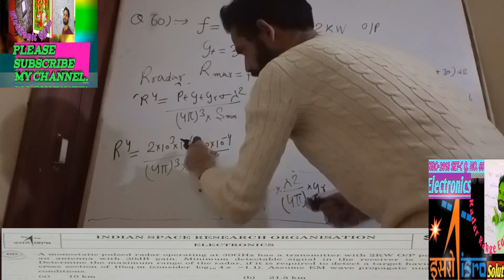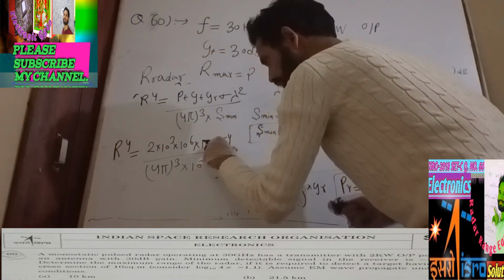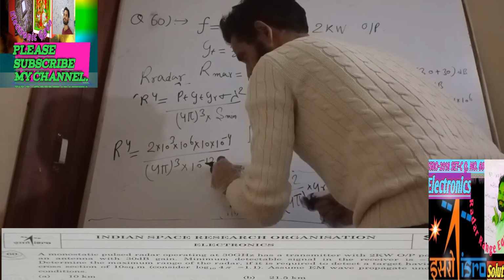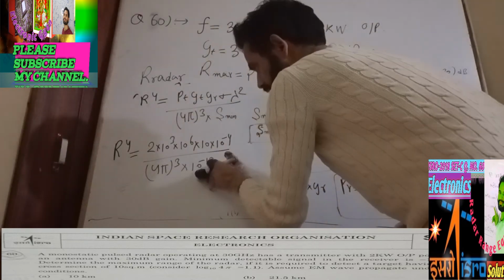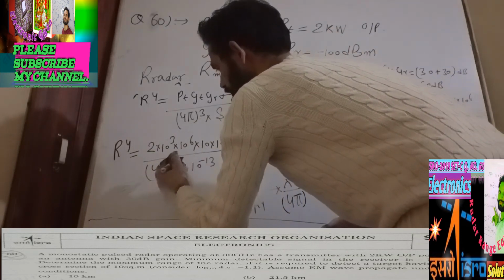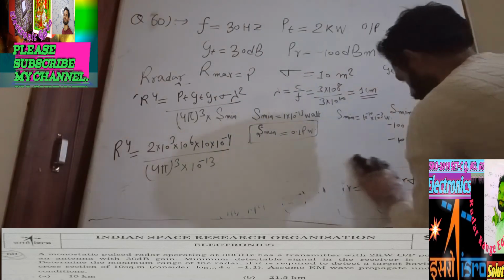If you see here: 10 to the power 6, 3, 9, 9, 10, and 10 to the power minus 4 becomes plus 6. So plus 6, this 13 will go up, so that is 10 to the power 9.